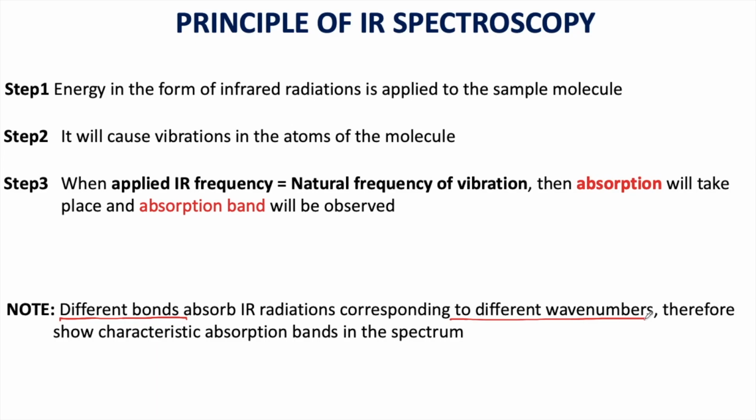For example, if within the molecule we have a carbon-hydrogen bond, oxygen-hydrogen bond, or carbon doubly bonded to oxygen or carbon single bonded to oxygen, all these bonds will show their separate characteristic absorption bands in the spectrum, and those absorption bands will correspond to different wave numbers.